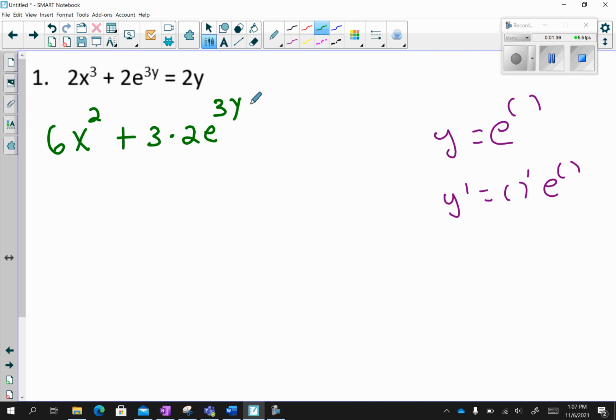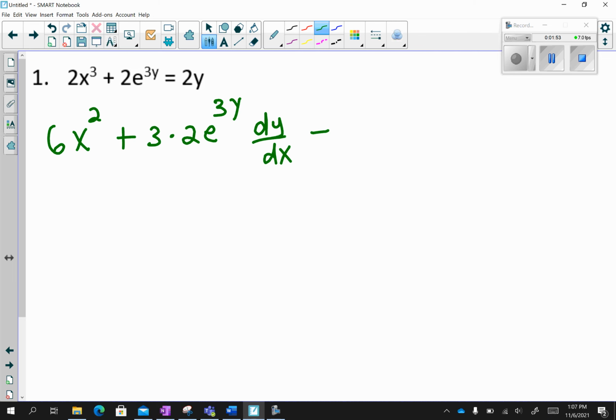Since this is y, we need to write the dy over dx because we're taking the derivative with respect to x. So anytime you see a y, we need to add on that dy over dx equals, well, 2y. Derivative of 2y is 2, but since there's a y, again, we need dy over dx.